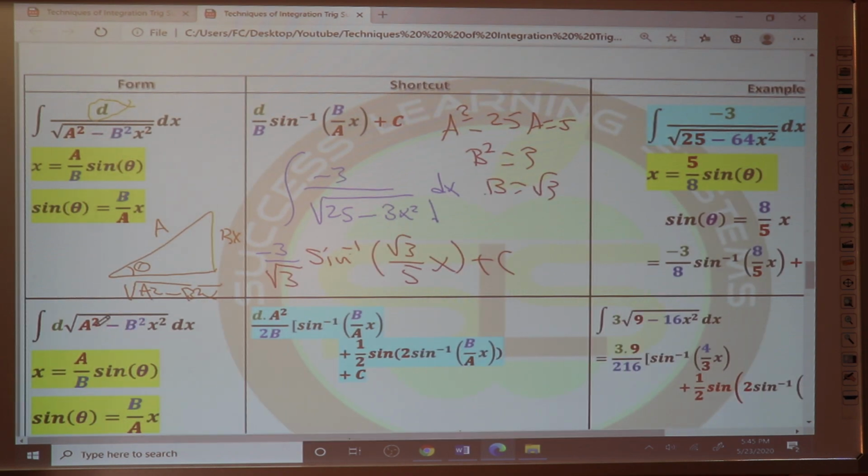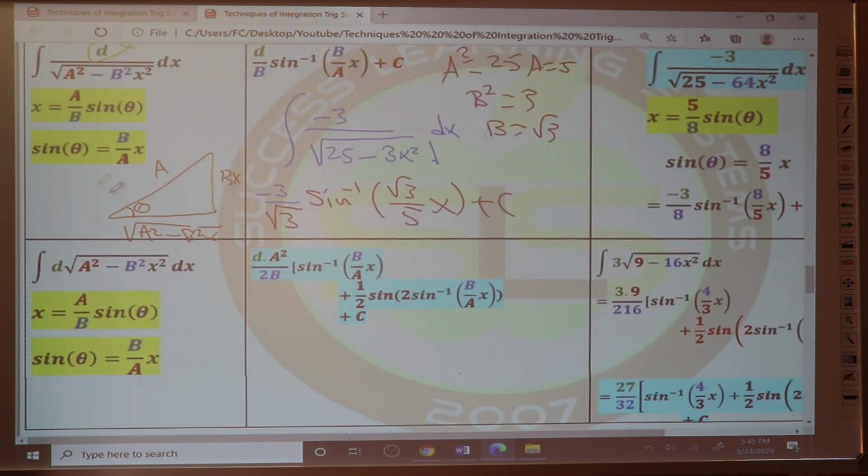This one is in the numerator and this one is in the denominator, but it's the same trig substitution we're going to use: x equals a over b sine theta, and the same triangle.